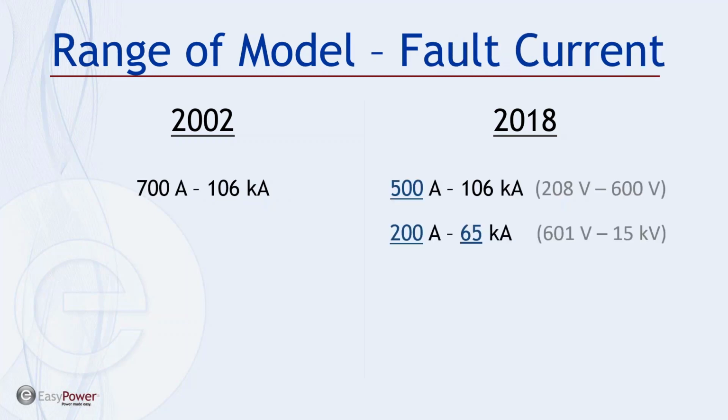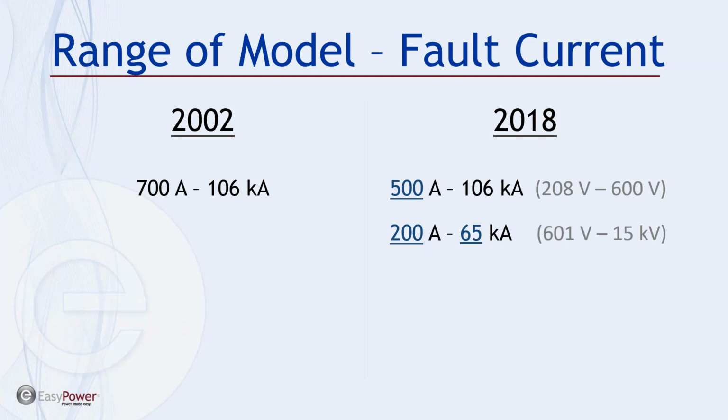Now, in terms of the fault current, it was 700 amps to 106,000 amps. That's been modified again based upon the 600 volt line. Below 600 volts, the range is 500 amps to 106,000 amps.